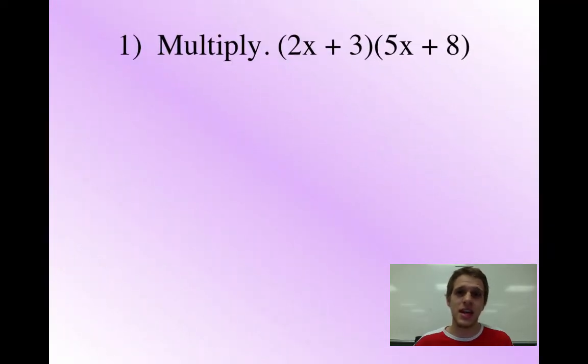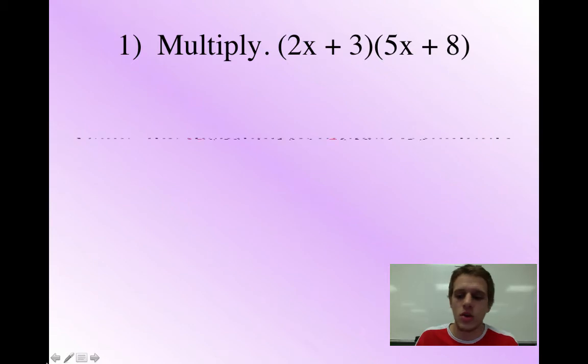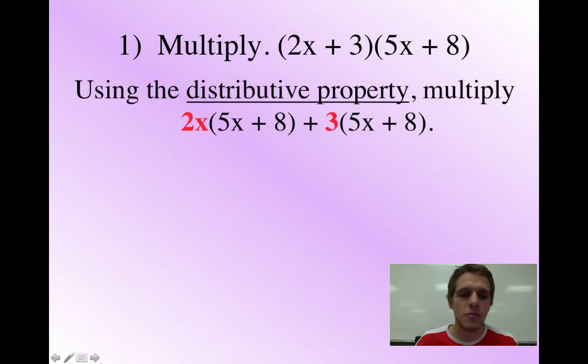This next example, we've got two polynomials. We're multiplying two binomials by each other. So 2x plus 3 times 5x plus 8. Well, how do we do that? We can also do that using the distributive property. Basically, what we're going to do, we're going to split up this 2x and that plus 3.